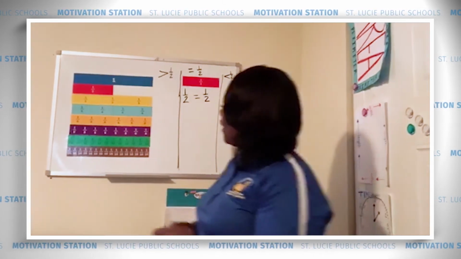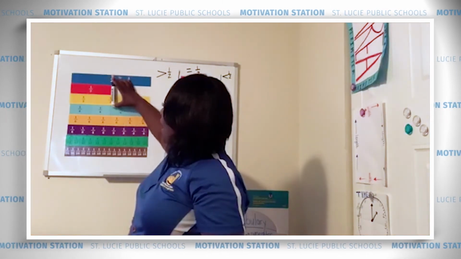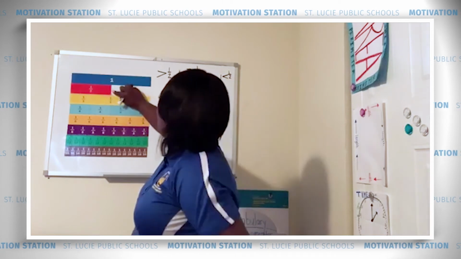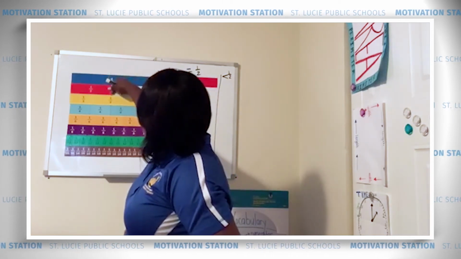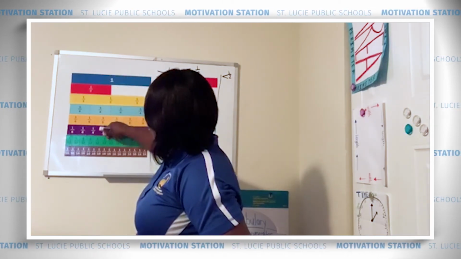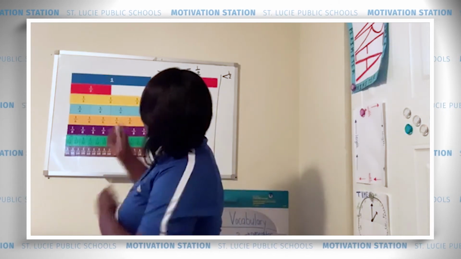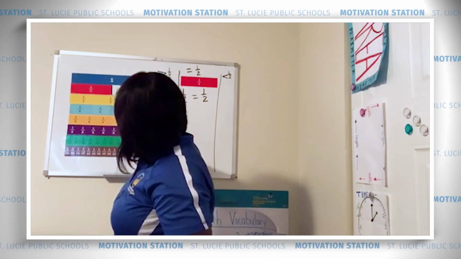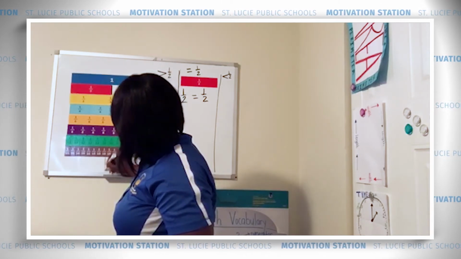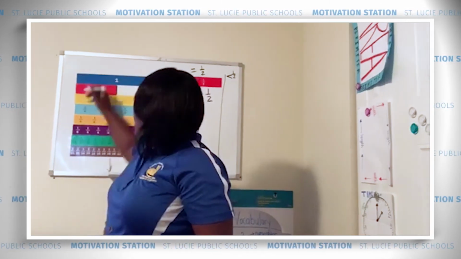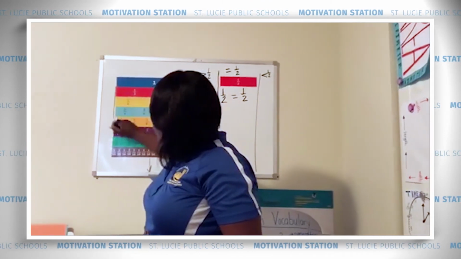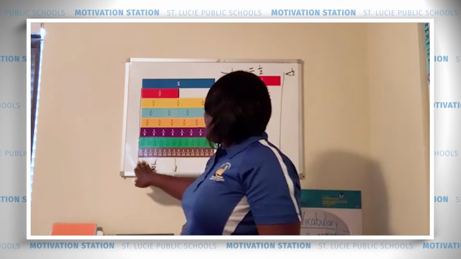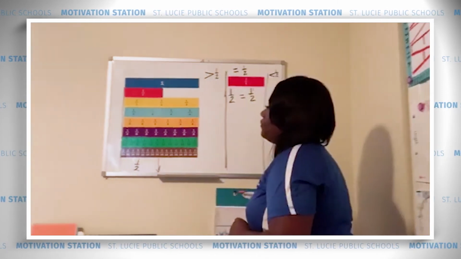Now, if I come over here and I go starting at half, this is my imaginary line here, and I'm going to drive it all the way down here. So my imaginary line for half starts here, and it goes all the way down to here. And my other half line starts over here. So this, from here to here, represents half.